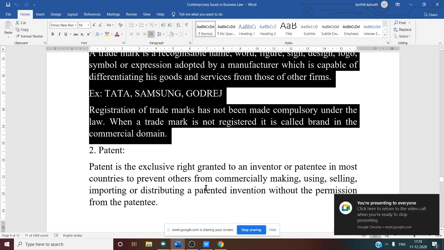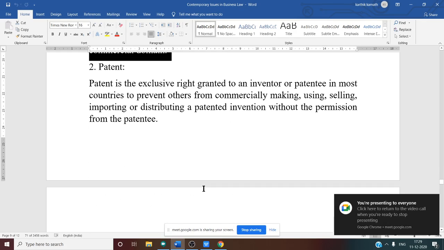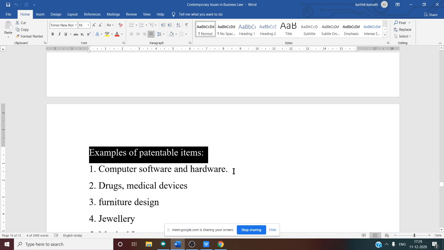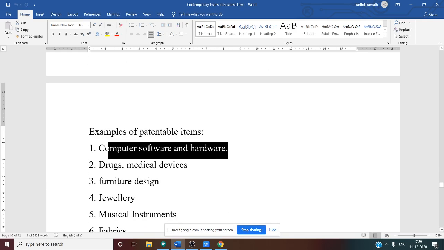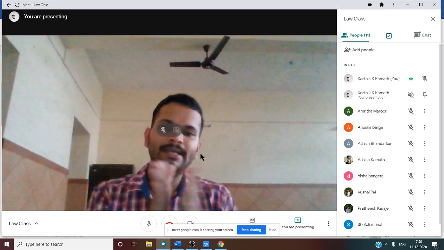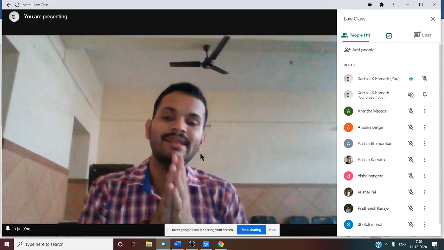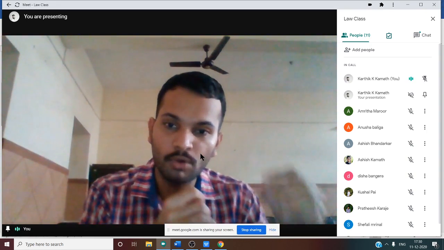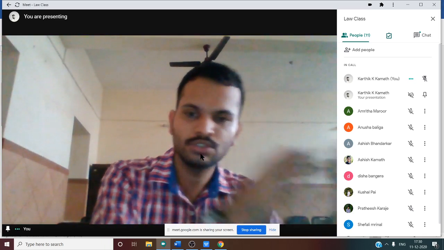Now you see what all comes under patents. Examples of patentable items: computer software and hardware. There are various processors involved, so Intel, you know, then there is the Ryzen processor. Various processors have their own patentable rights.